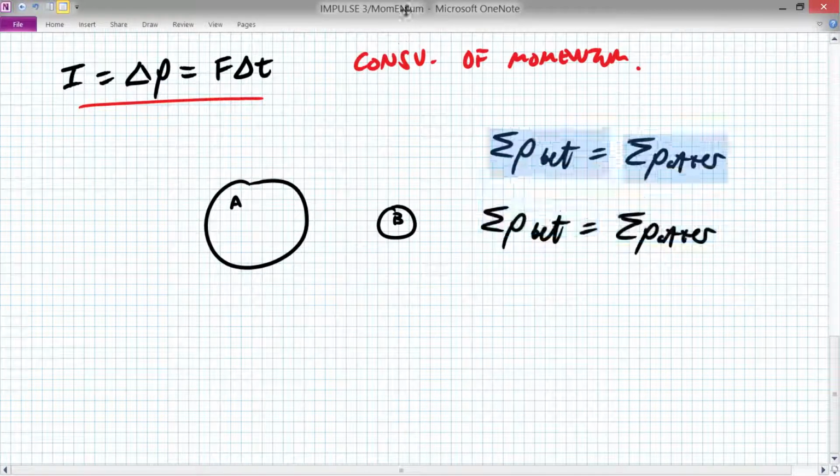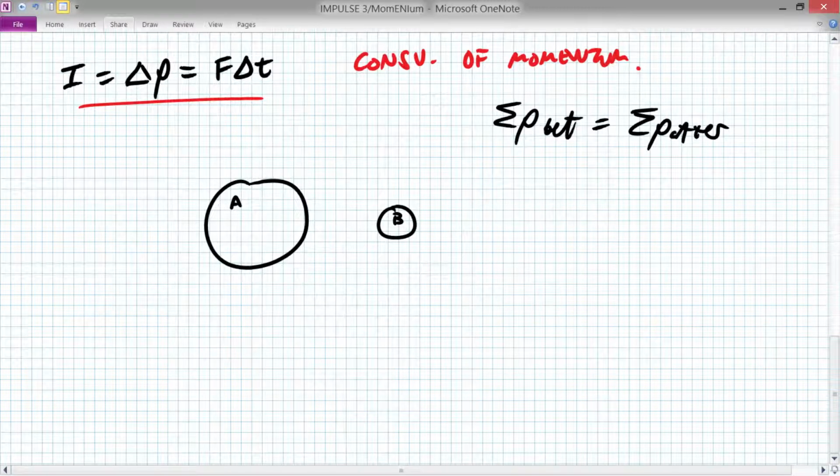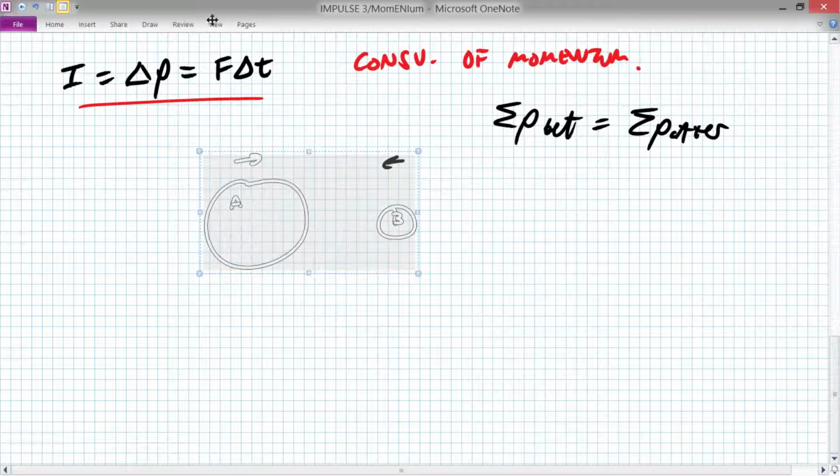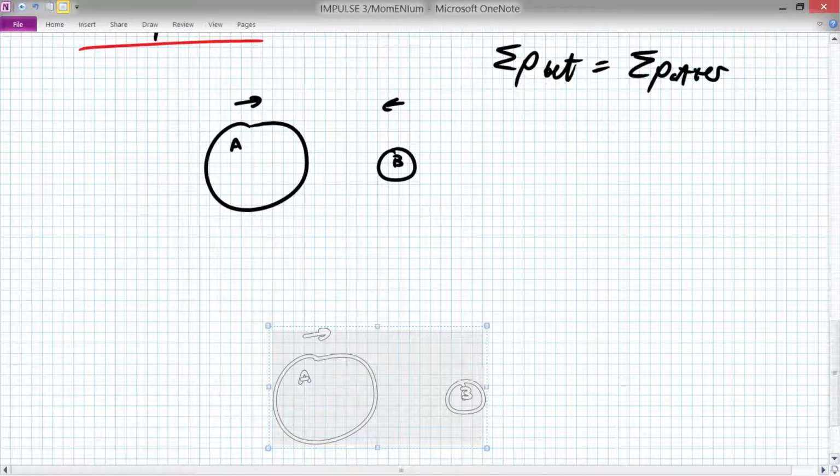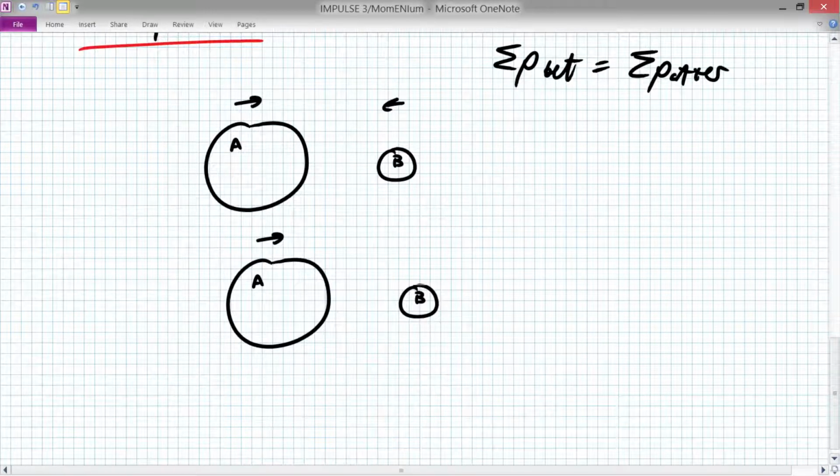So what we can do is consider these two particles. A is moving left to right, B is moving right to left. They're going to collide, and we can take this collision and say, what happens exactly at the moment they collide?